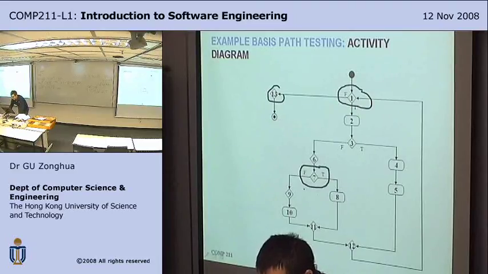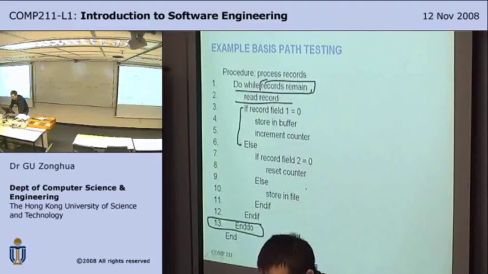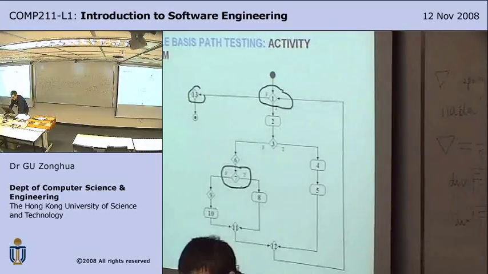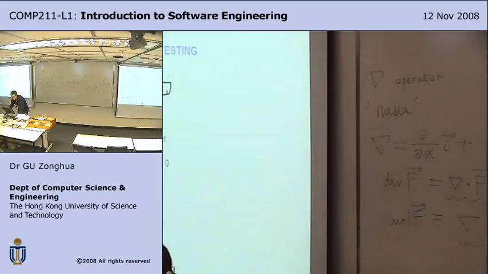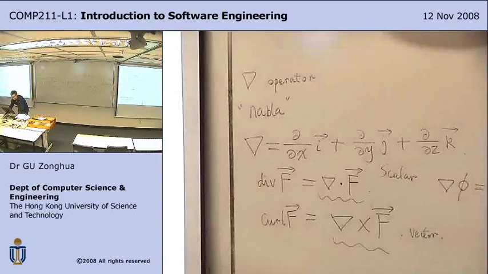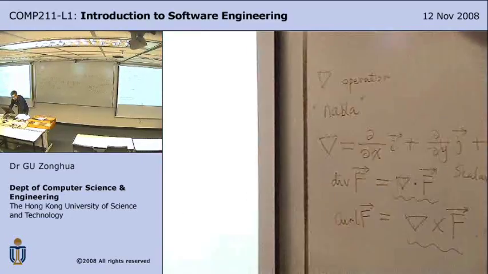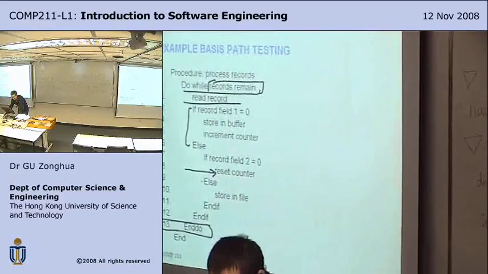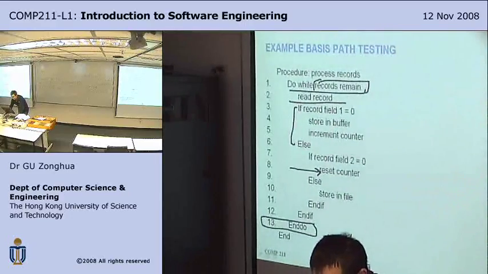From 7 you go to 8, reset counter, if it's true. Otherwise you go to 9 and 10, store in file.